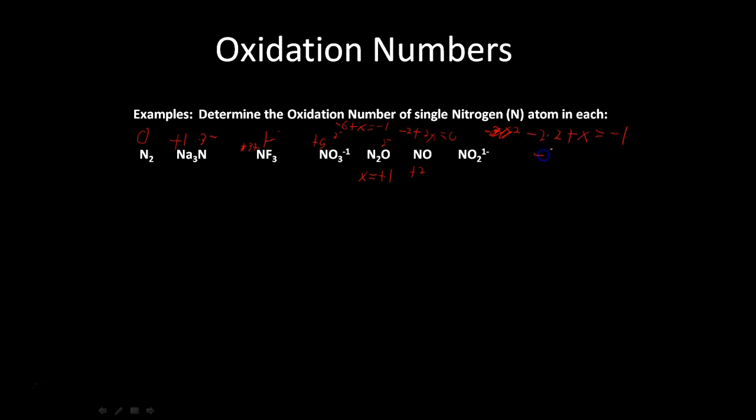Solve this one, so it's -4 plus x equals -1. So x is equal to +3. So nitrogen is +3. You can do these algebra problems if you can't see it. You don't have to set up the algebra problems, but I was just showing you how you can do that even if you can't see whether they should be +1 or +2. You can use a little bit of algebra to figure it out.